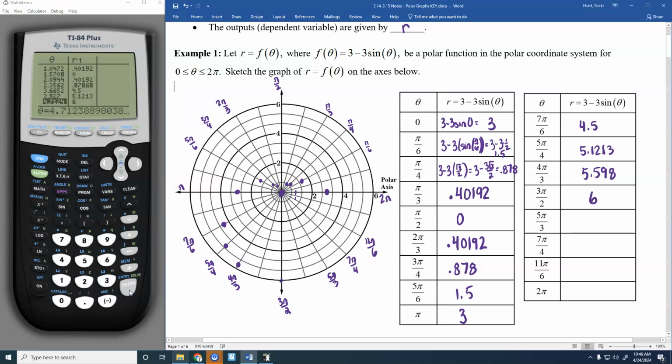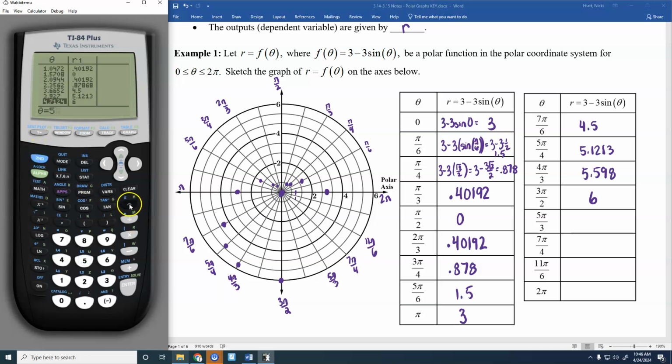So 3 pi over 2 will be 6. And maybe we'll have a pattern. Let's see, 5 pi over 3. I bet it's going to go back down. Did I do that right? 5 pi over 3. 5.235.